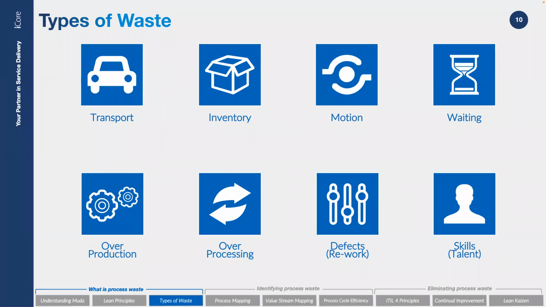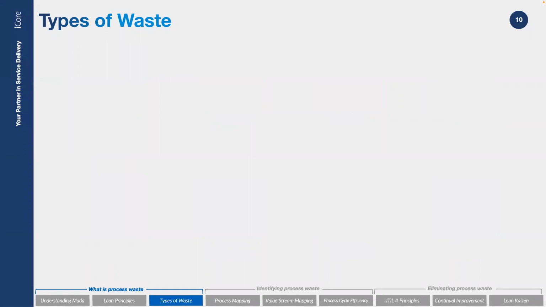Let's have a think about these and think about your organization when we talk about them, and where these might sit. So here's how each of the TIM WOODS can be applied. Transport. This refers to the unnecessary movement of people, equipment, or information. So if people are moving around a fair bit, why is that?